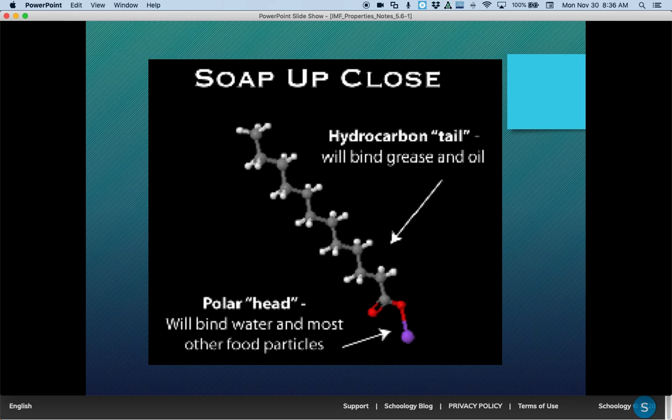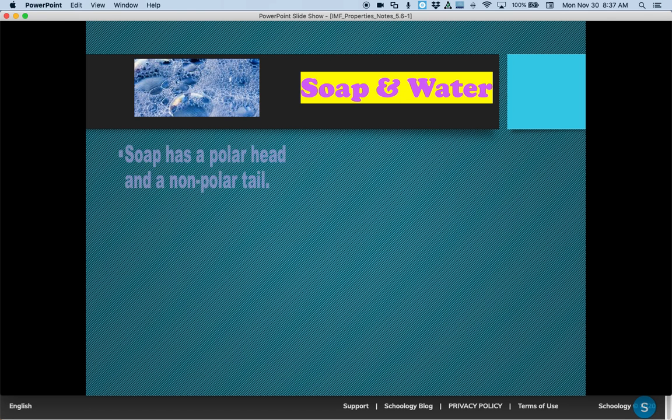And so they're able to interact with an almost unlimited number of things. Because the polar part will bind to water or other polar compounds, and the non-polar part, the tail, will bind to non-polar things. And so it makes it just a really good cleaner and all sorts of things.